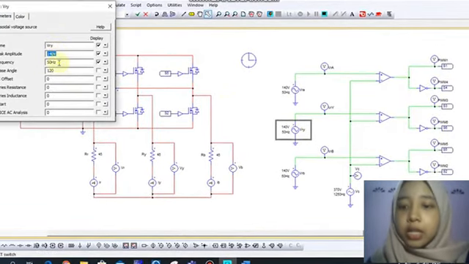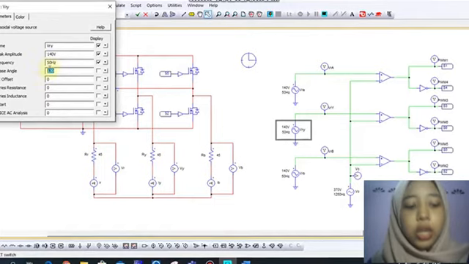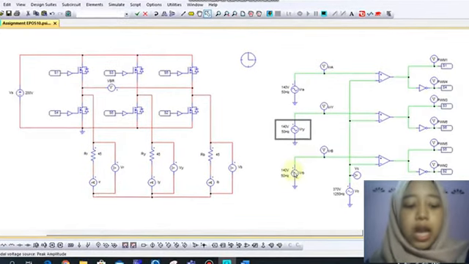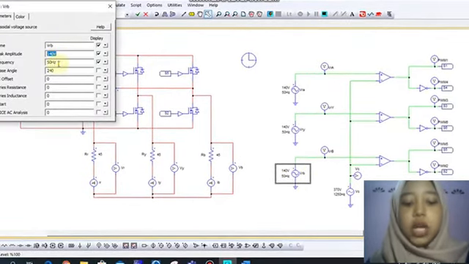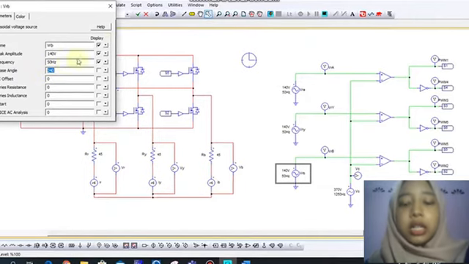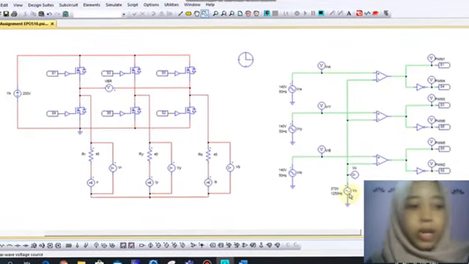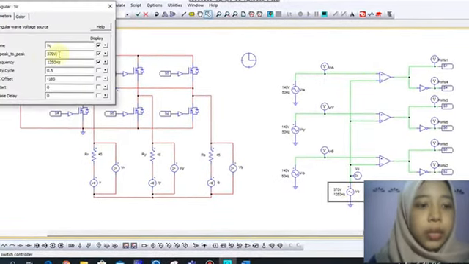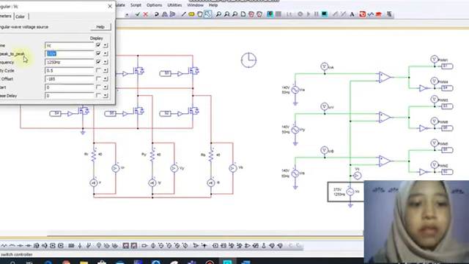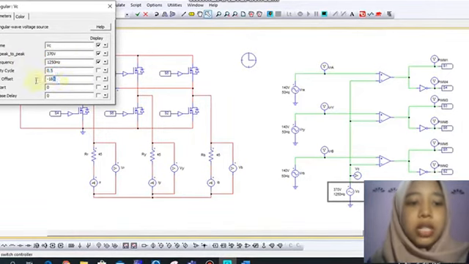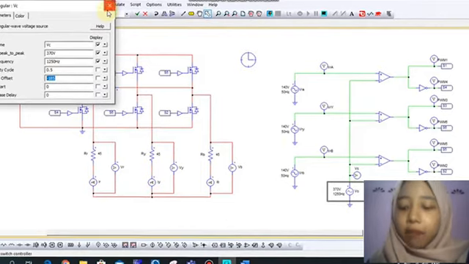The next will have 120 phase angle, and the next will have 240 degree of phase angle. Here is the triangular voltage source of VC with 370 V peak to peak, 1250 Hz, 0.5 duty cycle, and DC offset negative 185.